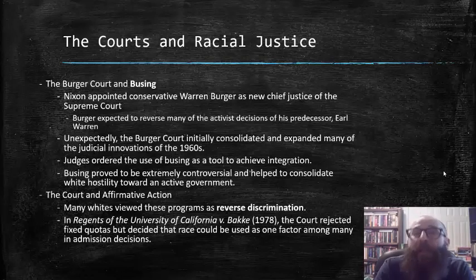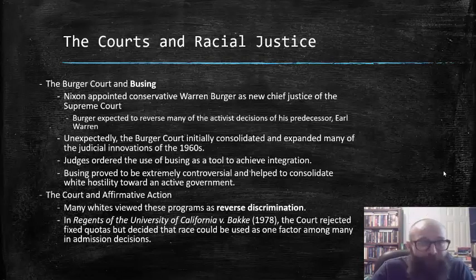When Warren stepped down as Chief Justice in 1969, Nixon appointed conservative Warren Burger as the new Chief Justice, and Burger was expected to reverse many of those activist decisions of his predecessor. Unexpectedly, however, the Burger Court initially consolidated and expanded many of the judicial innovations of the 1960s.